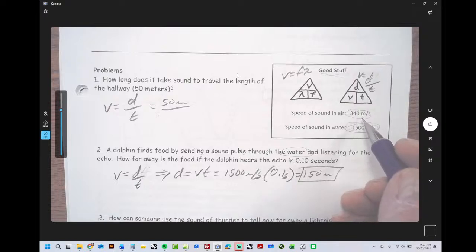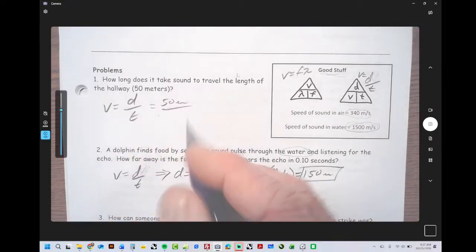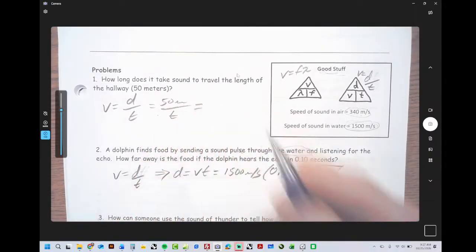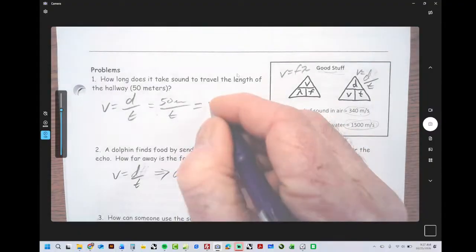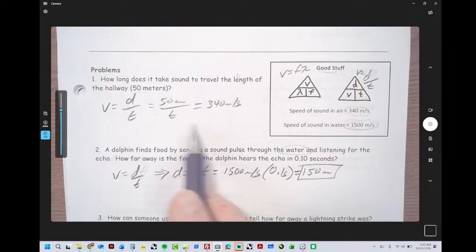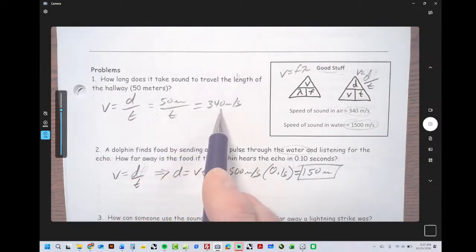Oh, yeah. So, oh, right. So, equals 340. So I was kind of going in a weird order. I wrote the formula like this. So I've got distance over time, and that equals velocity. So if you write it out like this, then you have to do the algebra.